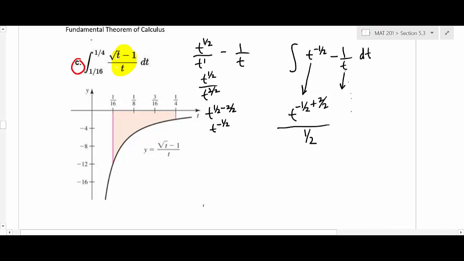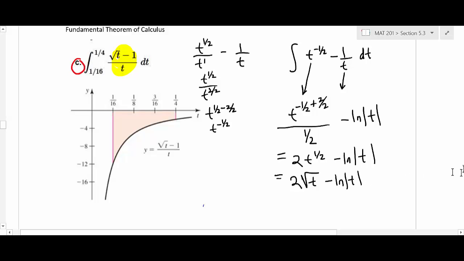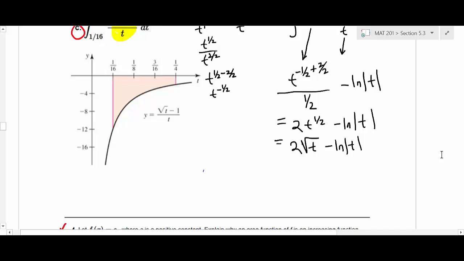Then this antiderivative is ln, and be sure you use absolute value of t there. That's important. So what you'd end up getting then is 2 t to the 1/2 minus ln |t|, and then I'm going to go ahead and change this back to 2 times square root of t minus ln |t| like that. What I just did is I got the antiderivative.